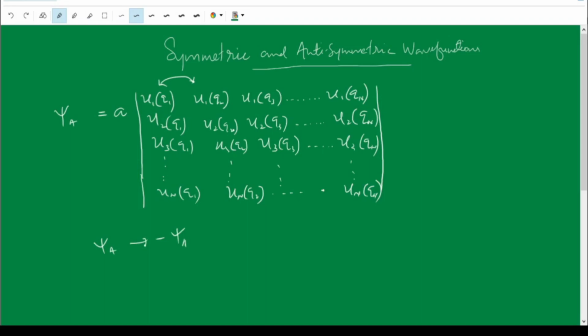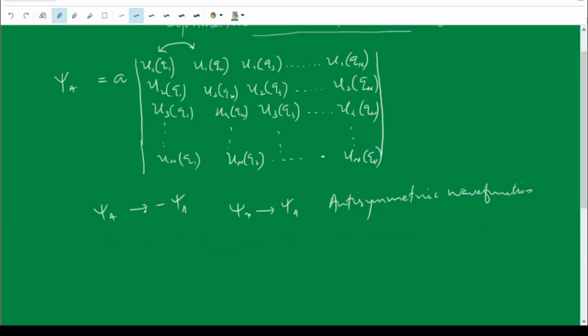If you change two pairs, or effect two permutations, then psi A again becomes psi A. Such wave functions are called antisymmetric wave functions.